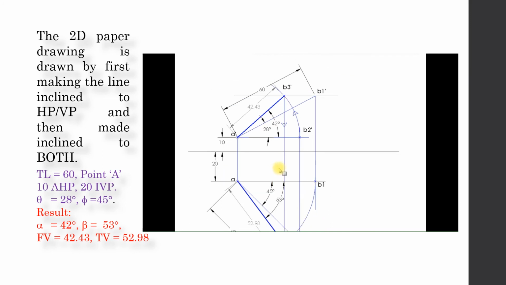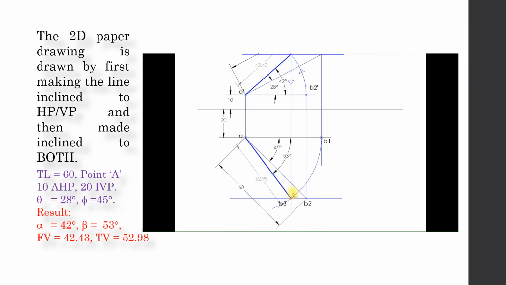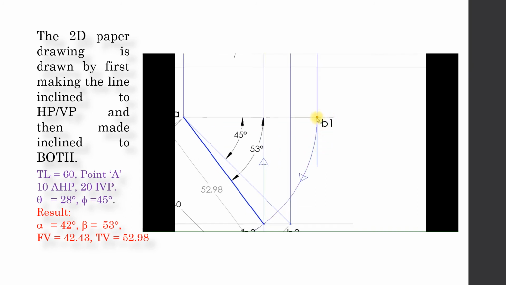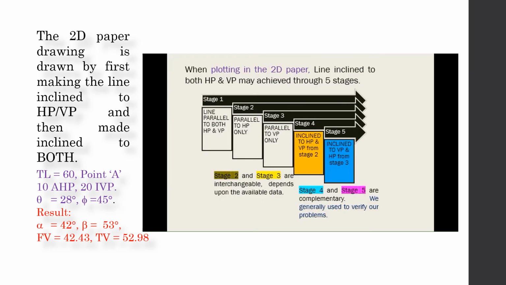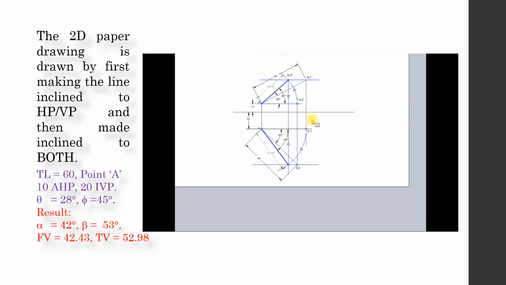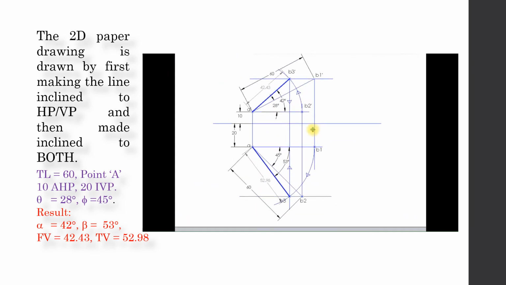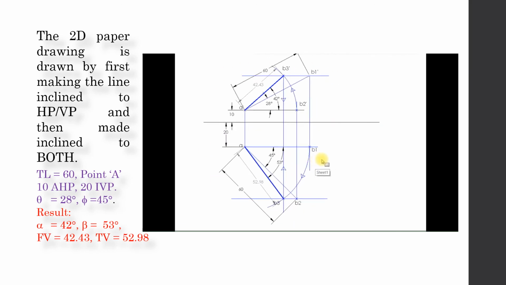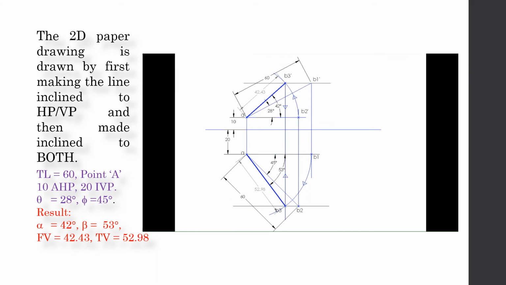So we can go from B2 dash to B3 dash to find B3, or from B1 to B3 to find B2 dash and B3 dash. That's it. Stages 4 and 5 are common. So with this we are completing the projection of a line inclined to both the planes.